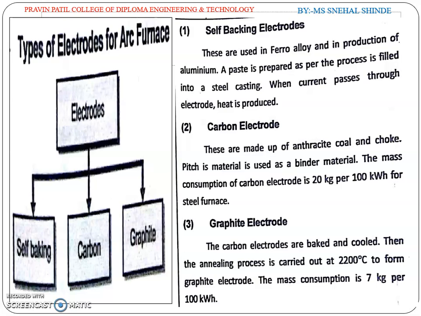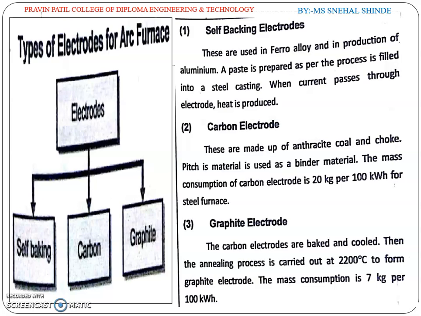Then the second is the carbon electrode. These are made of anthracite coal and coke. Pitch is used as a binder material. The mass consumption of carbon electrode is 20 kg per 100 kWh for a steel furnace.